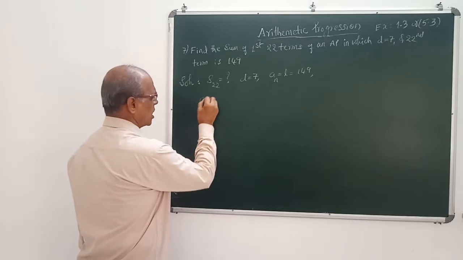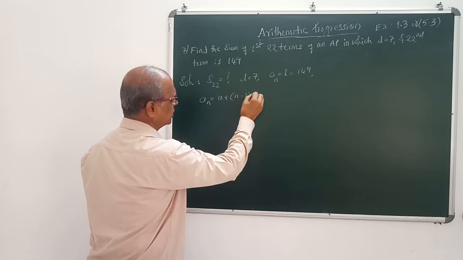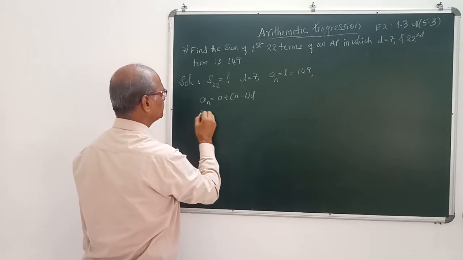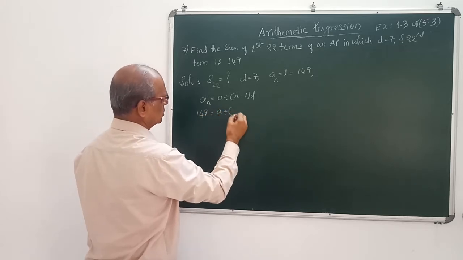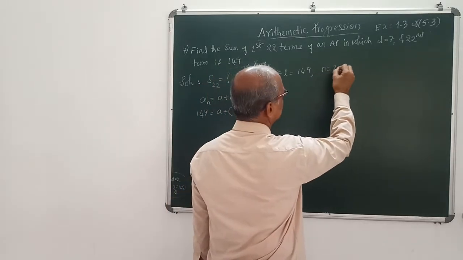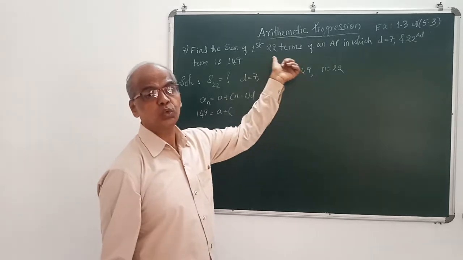That is An is equal to A plus (n minus 1) D. An is given as 149 is equal to A, which is not known, plus here they have given n is equal to 22 because 22 terms.